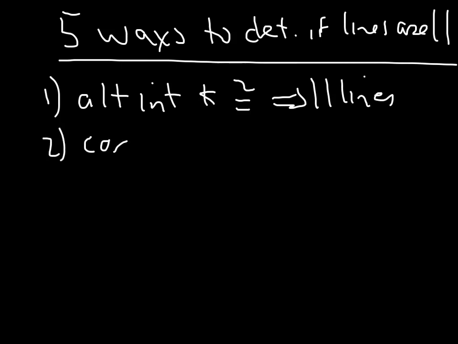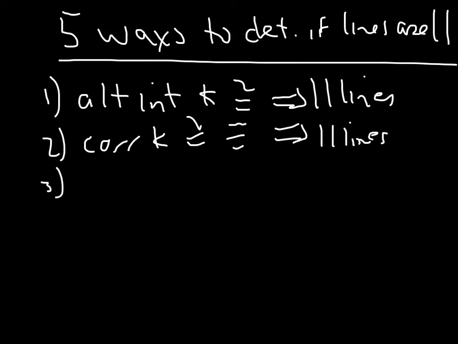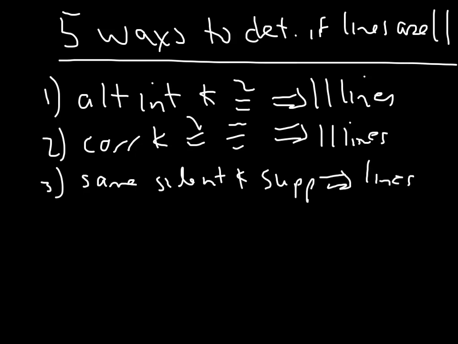We have corresponding angles. We know if the corresponding angles are congruent, that implies parallel lines. The third way is if the same side interior angles are supplementary, that implies parallel lines. So these are all the converses of the alt interior angle theorem, the converse of the corresponding angle postulate, and the converse of the same side interior angle theorem. The other 2 ways are pretty basic.